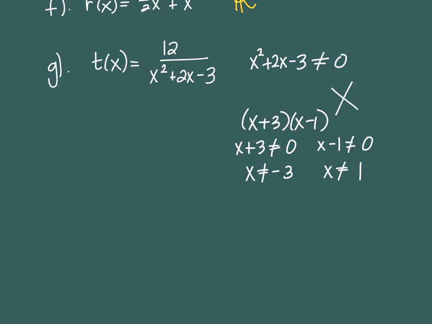And so my bouncer has 2 numbers he's on the lookout for. All the other numbers are allowed to come into the function, but this bouncer cannot let in negative 3, and he cannot let in 1. I'm sorry, I cannot let you in. And that is called domain. So think about what rules math has, and then work accordingly with the symbols not equal to or greater than or equal to.